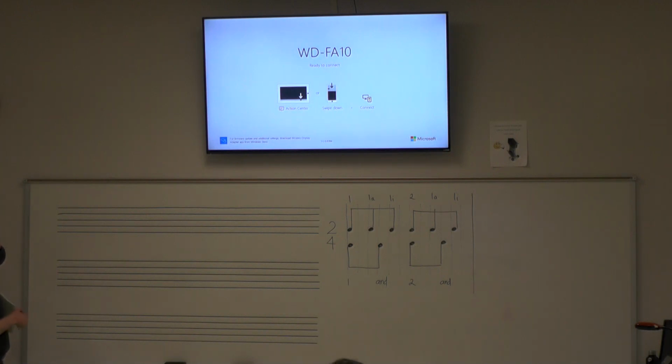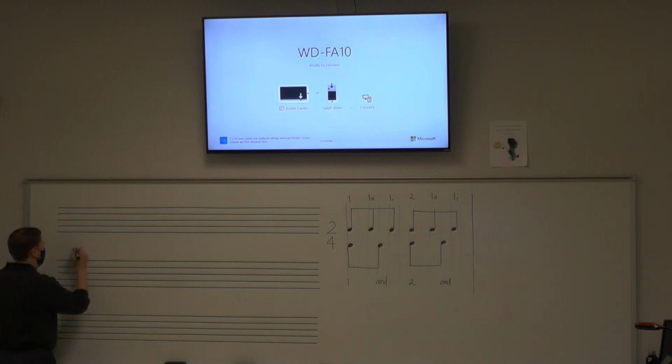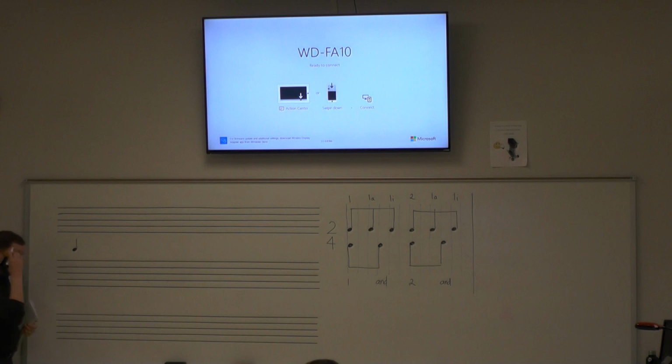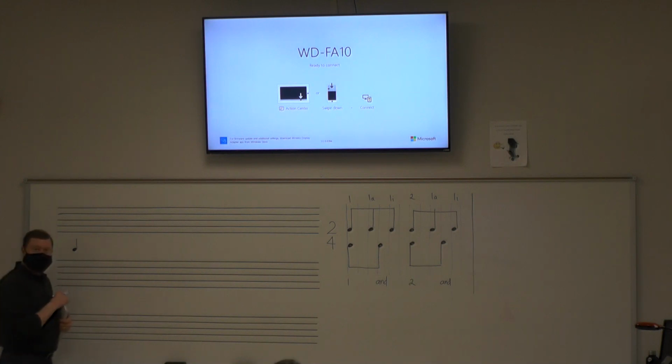To try to summarize what the author has on page 227 and 228. An undotted note value, such as a quarter note, can be divided into 3 parts, but it's just not the normal division of the beat, obviously.